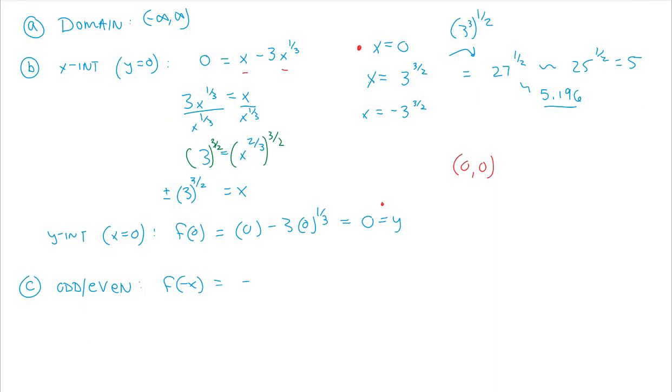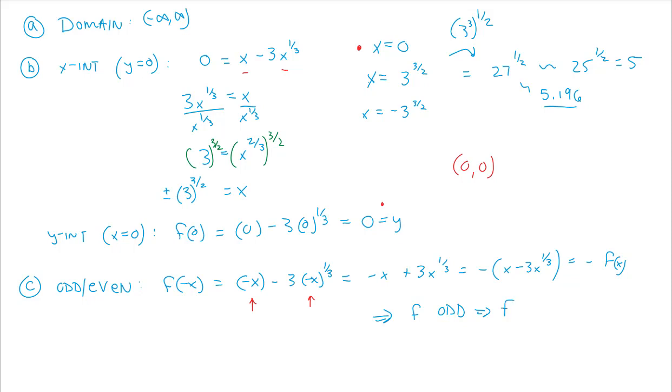To do that, we need to plug in negative x for each of our x variables, and since each of these individual terms is an odd function, we get negative x plus 3x to the 1/3, and overall, if we pull out a negative here, we get x minus 3x to the 1/3, which is in fact negative f of x. That tells us that f is an odd function, and therefore f is symmetrical around the origin.